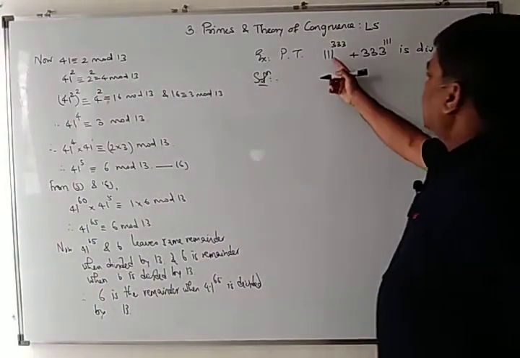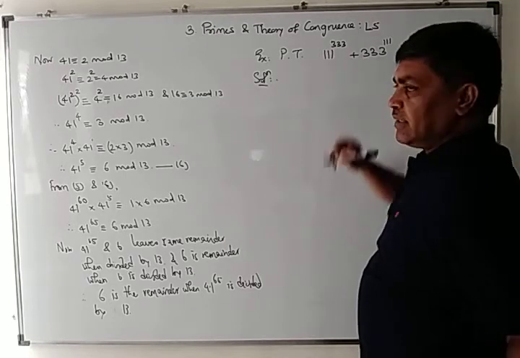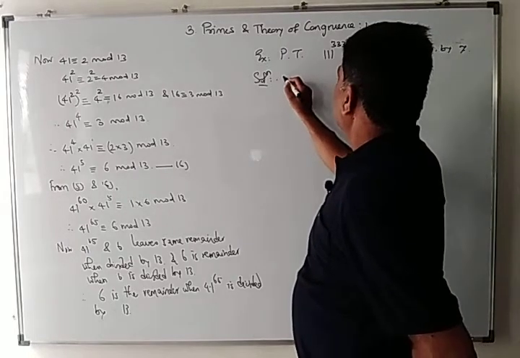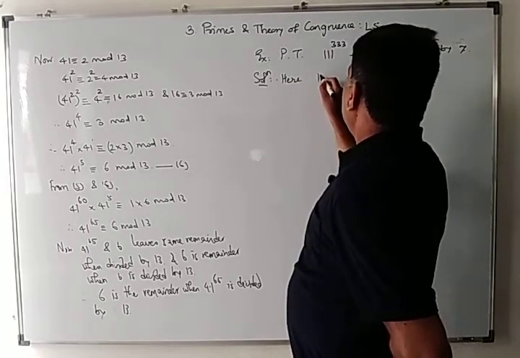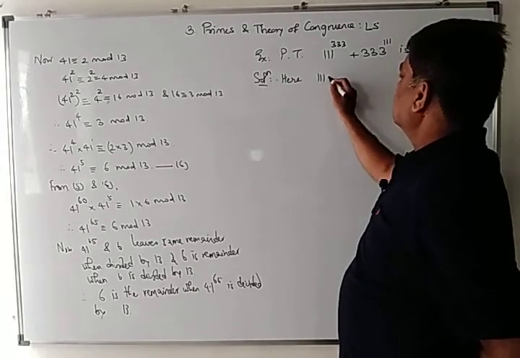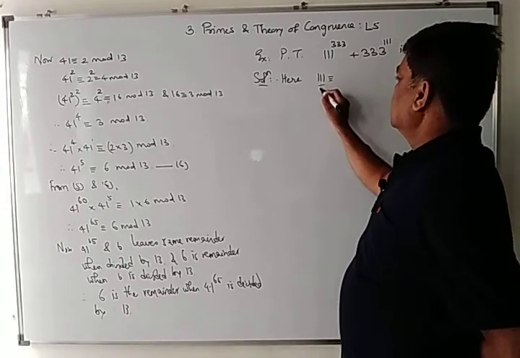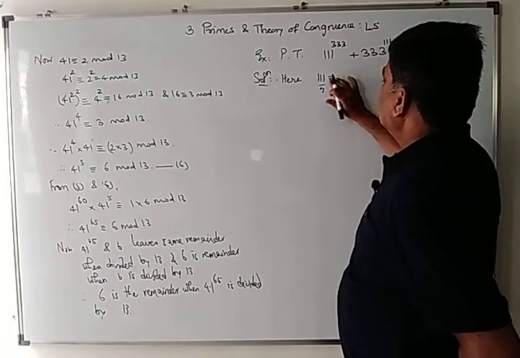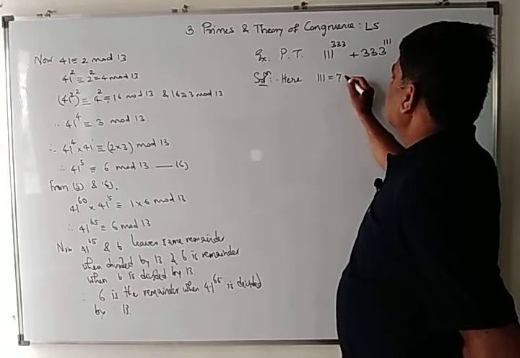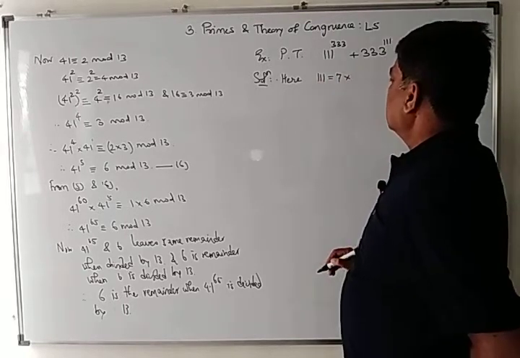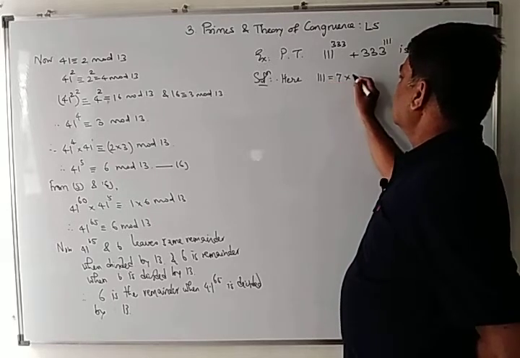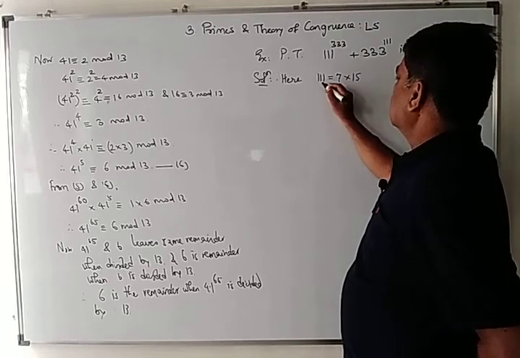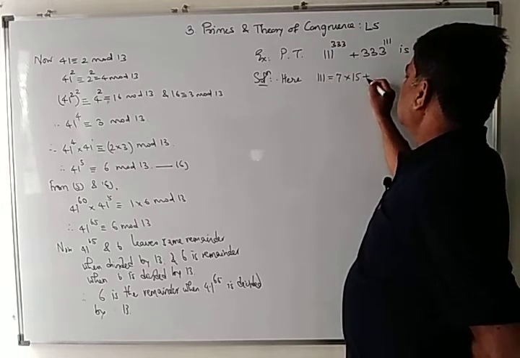So firstly, we find the remainder of 111 raised to 333 divided by 7. Now here 111, if I divide by 7, what we get is nothing but 7 into 15, plus 6.